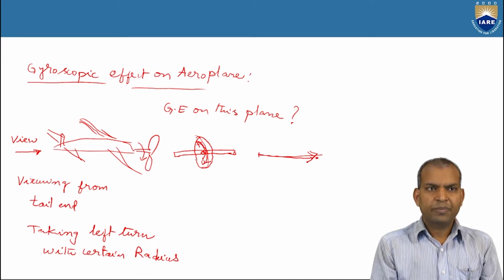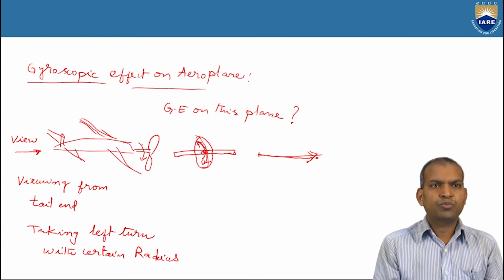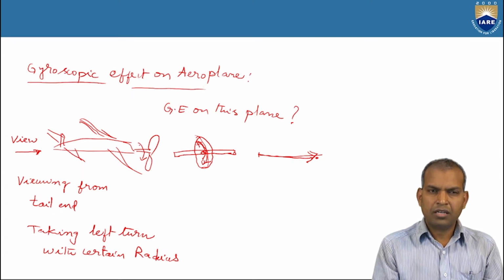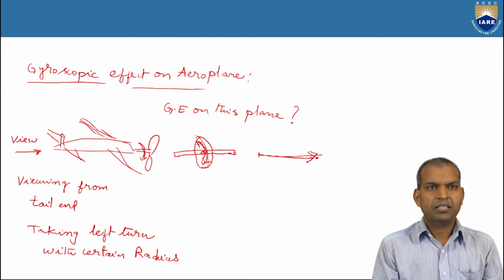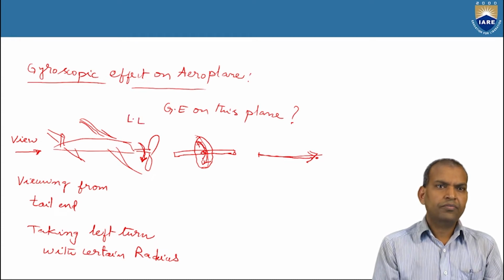Similarly, now coming to this aeroplane case, the propeller is rotating and the plane is taking a left turn. When you are viewing from the rear end, this is the left side and this is the right side.